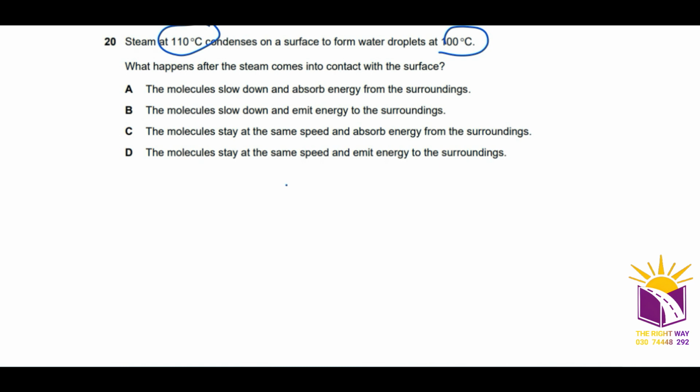In the same way, their kinetic energy become less and they slow down. The molecules slow down. So B is the right option. The molecules slow down and emit energy to the surrounding.